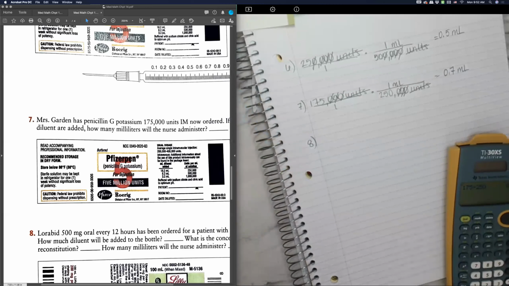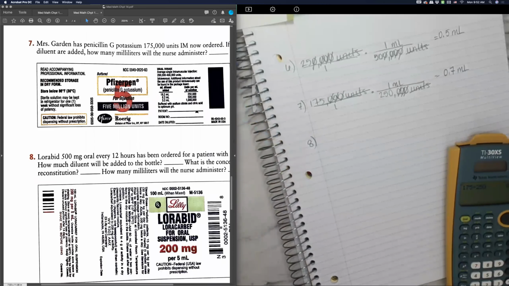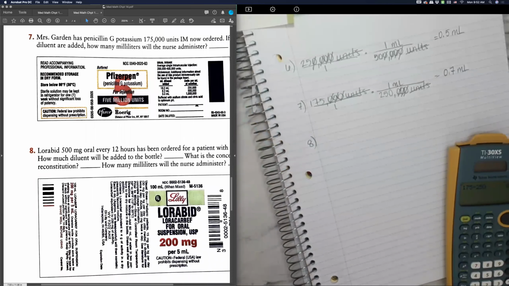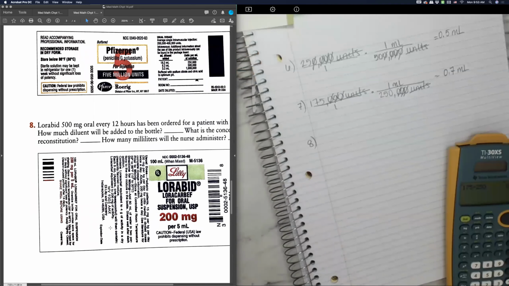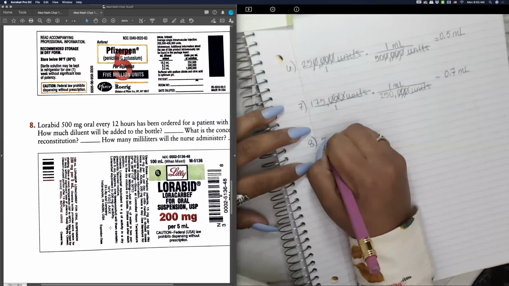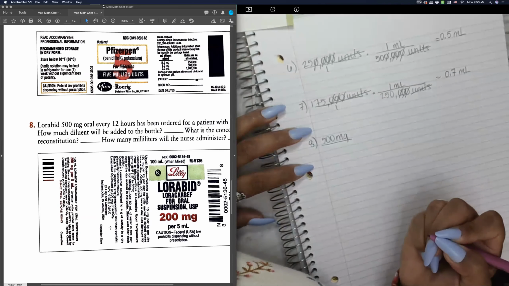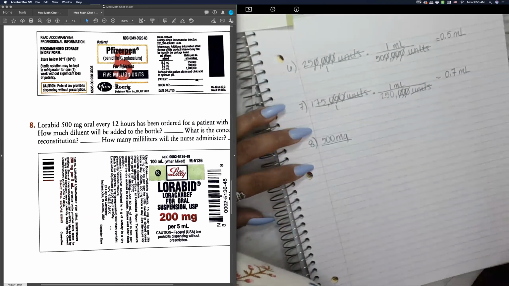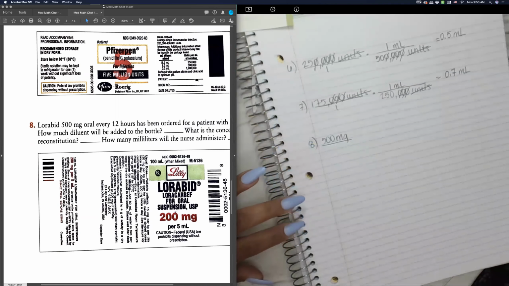Lorabid 500 milligrams oral every 12 hours has been ordered for a patient with pneumonia. How much diluent will be added to the bottle? What is the concentration after reconstitution, and how many milliliters will the nurse administer? Okay, so they're telling us the patient's order is 500 milligrams. Now we already know the dosage strength because it's right here on the label.